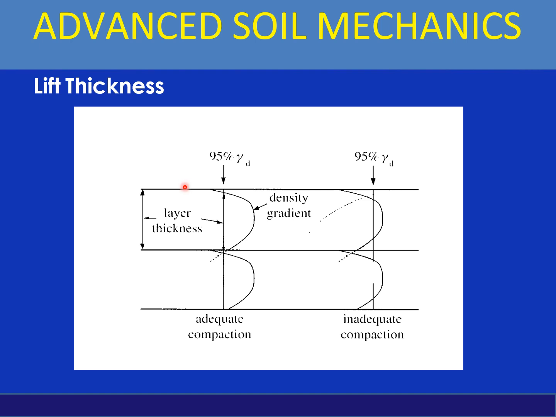So basically this is the density gradient, that means the maximum density over here. The basic idea is that if your density gradient is not crossing this 95% gamma d max, it means you have inadequate compaction. But if it is crossing, it means it's fine. So the compaction is nice.